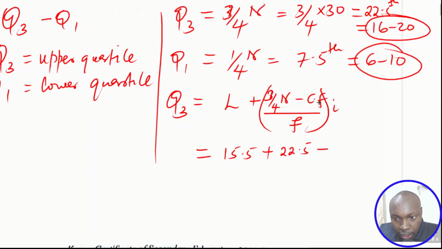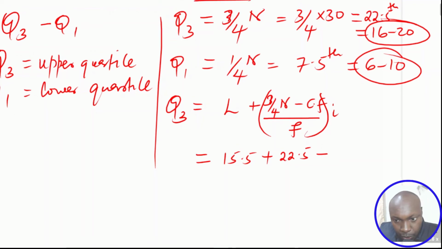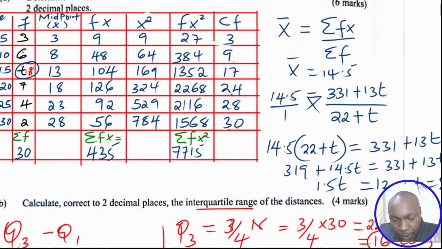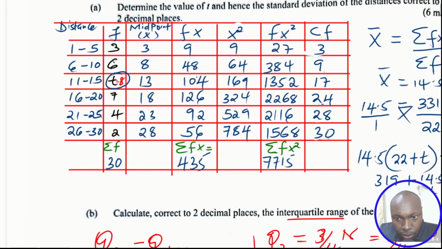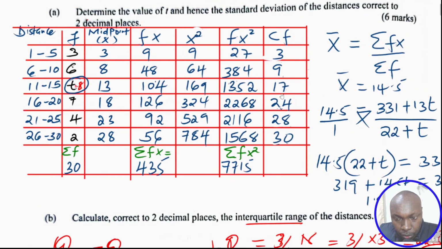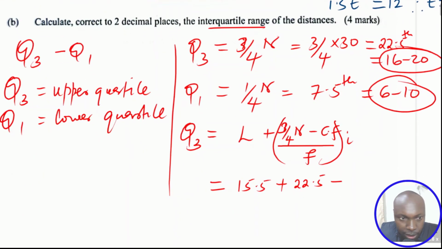Then CF is the cumulative frequency above that class. The class is 16 to 20, so the cumulative frequency above that is 17.